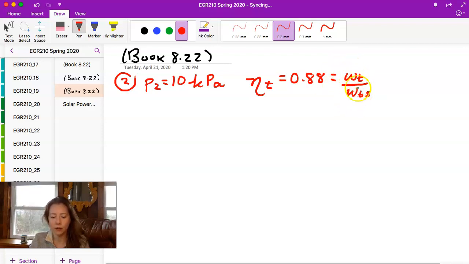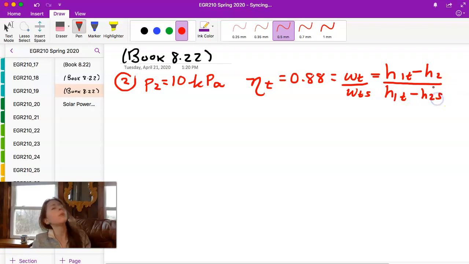So this is on a mass flow basis, so these are lowercase: H1T minus H2 divided by H1T minus H2S. Remember the S's here denote isentropic. So this would be the isentropic enthalpy at the outlet.